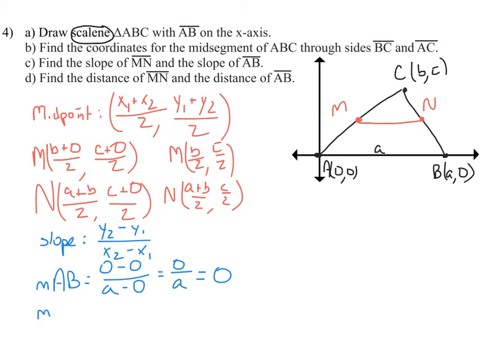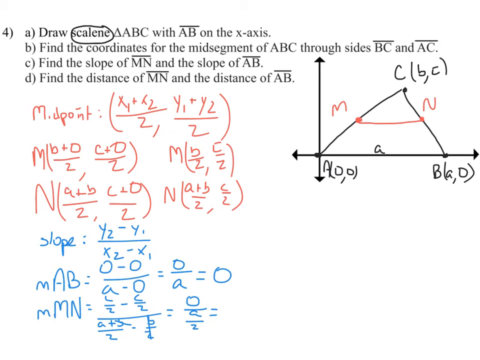Same idea for MN. We'll subtract our y's, so c over 2 minus c over 2. Then we'll subtract our x's. That's (a plus b) over 2 minus b over 2. Well, the top is a number minus itself. Again, that's 0. The bottom, we have a fraction, and our denominators are already the same, so we can combine them: b minus b cancels itself out, and all we're left with is a over 2.